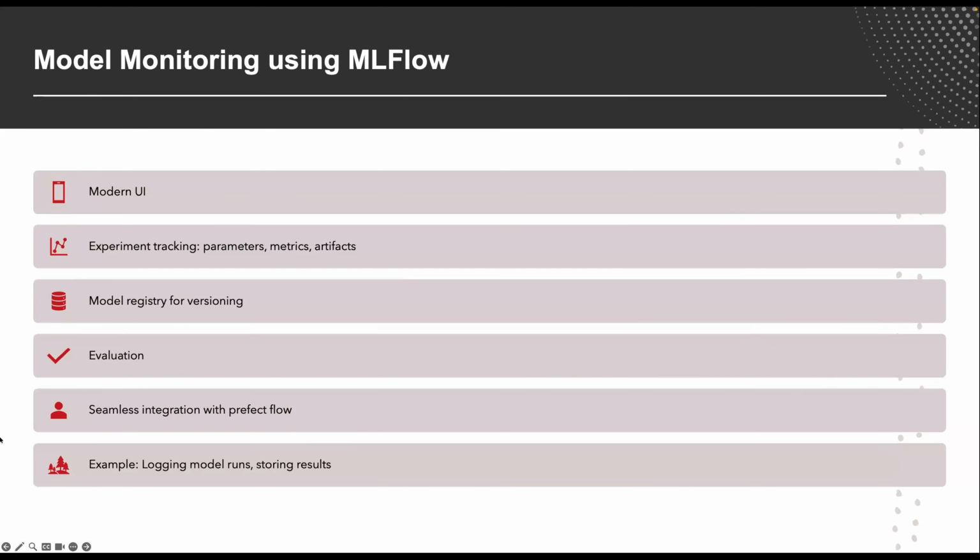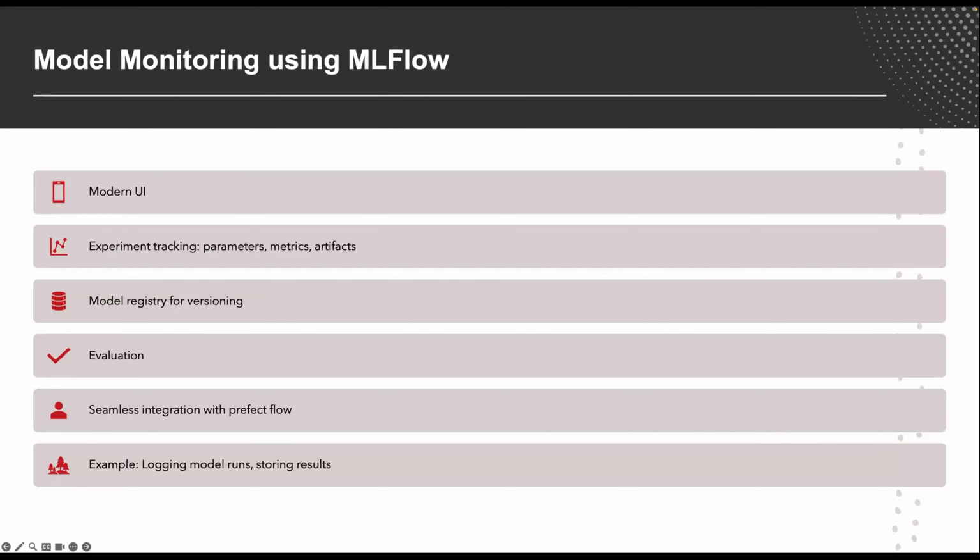Moving forward, when I talk about model monitoring using MLflow, the first question that comes to mind is: why exactly do we need it? Earlier we had no option to backtrack and check what our last model was and how optimized it was. MLflow gives us experiment tracking, logging parameters, metrics, and artifacts for each model run, enabling detailed performance analysis.